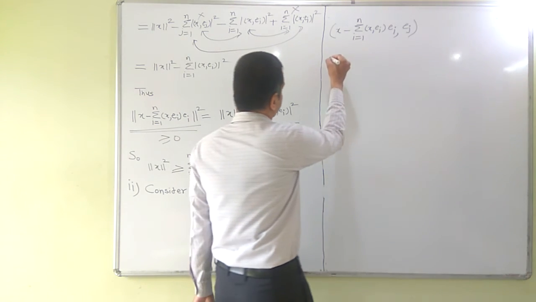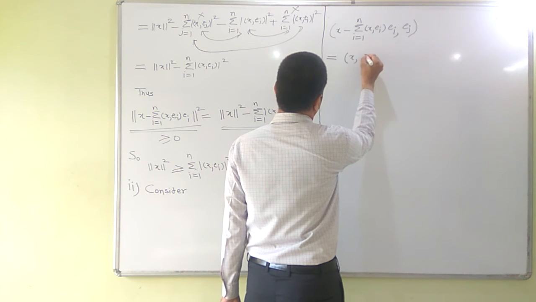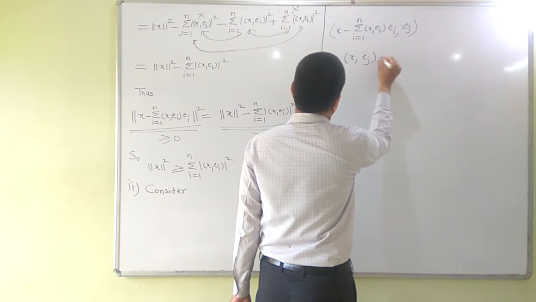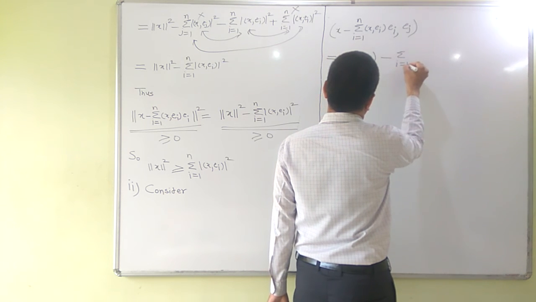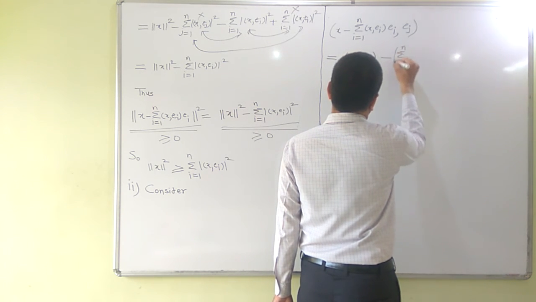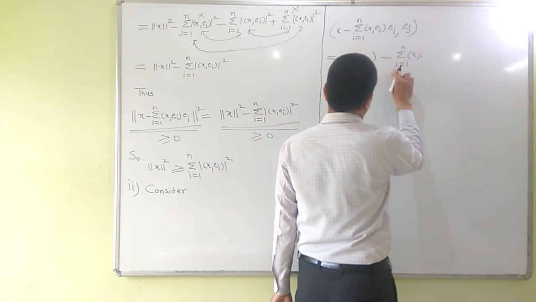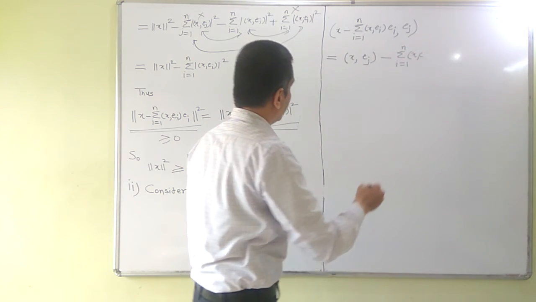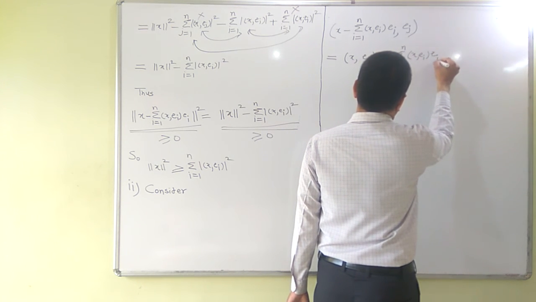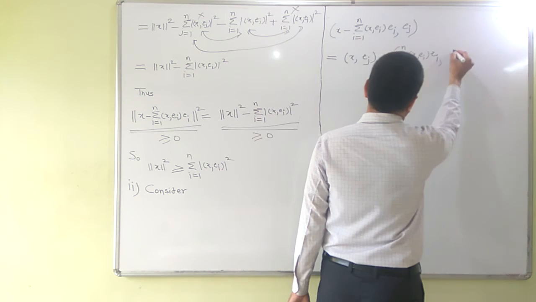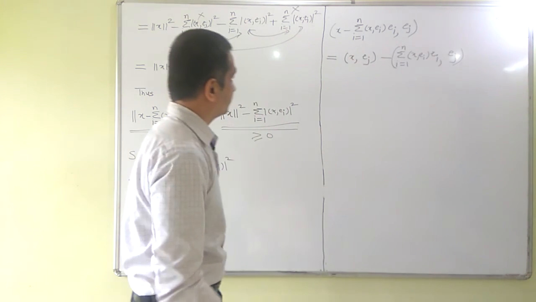This gets simplified to the inner product of x and e_j minus the inner product of the summation from i equals 1 to n of the inner product of x, e_i times e_i, and e_j.